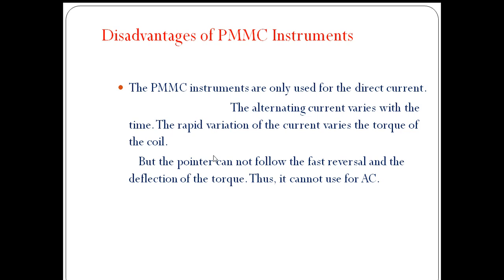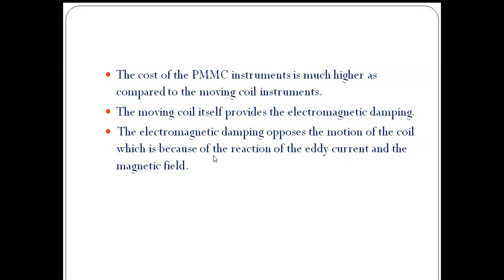That's why it is not used for measuring AC quantities, alternating current quantities. Very important disadvantage: the cost of a PMMC instrument is much higher compared to moving coil instruments. That means the electrodynamometer is one of the moving coil instruments. Comparing with this electrodynamometer type instrument, the PMMC instrument is costlier.